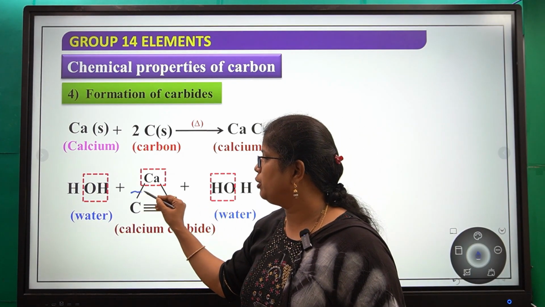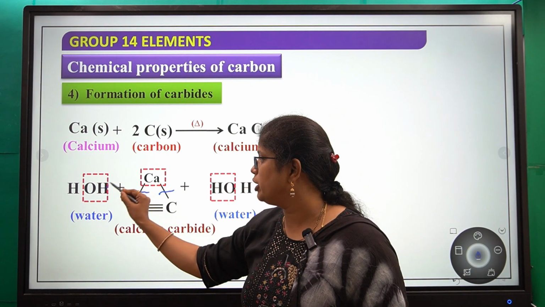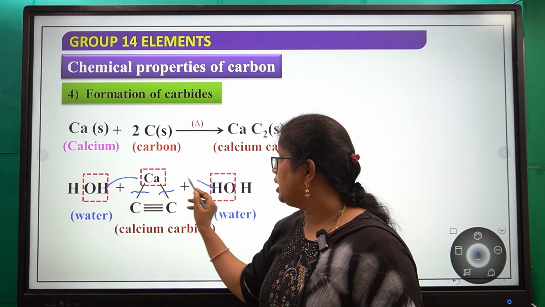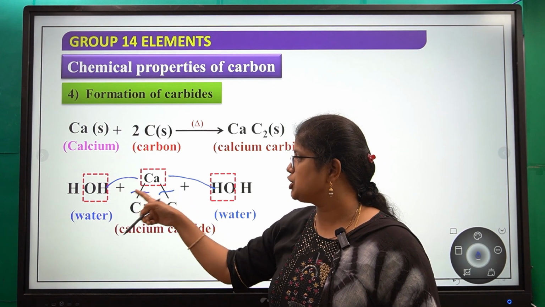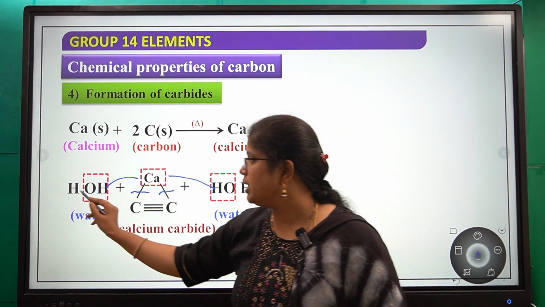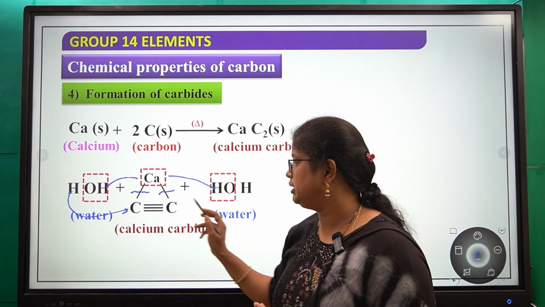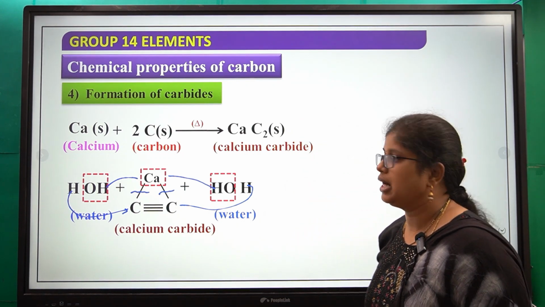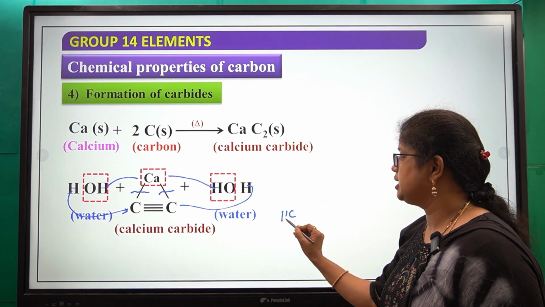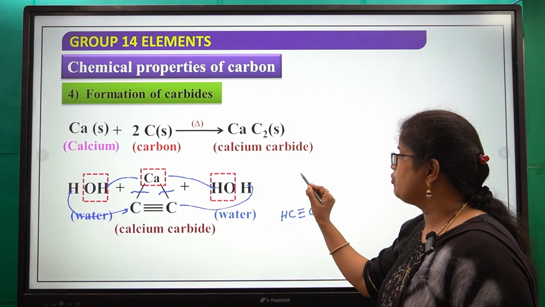So 2 bonds will break, and this OH attaches to the calcium and this OH attaches from this side. So calcium hydroxide. Next, this hydrogen combines with this carbon and this hydrogen combines with the second carbon and forms acetylene, CH triple bond CH. And what is the other one?